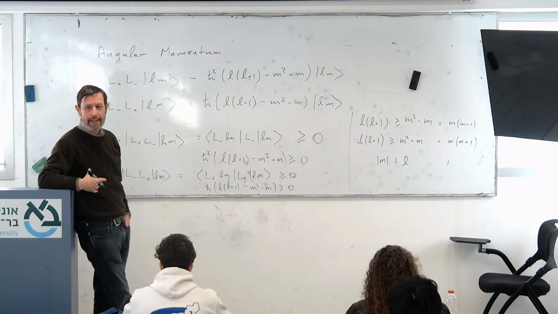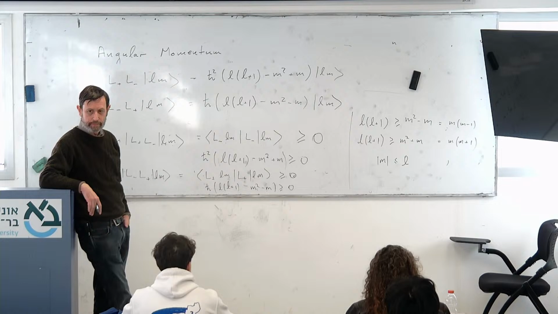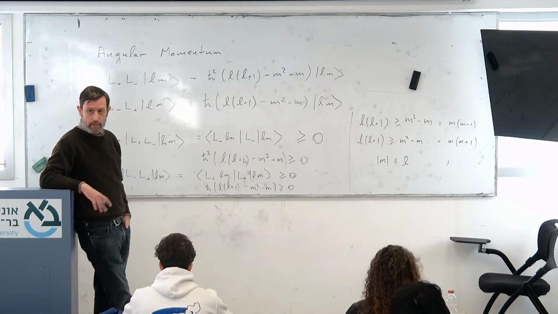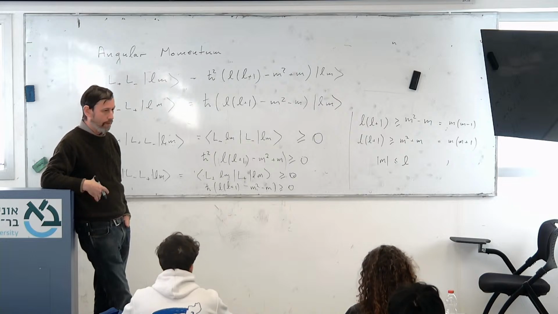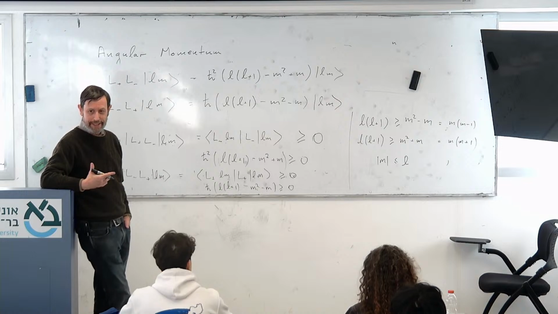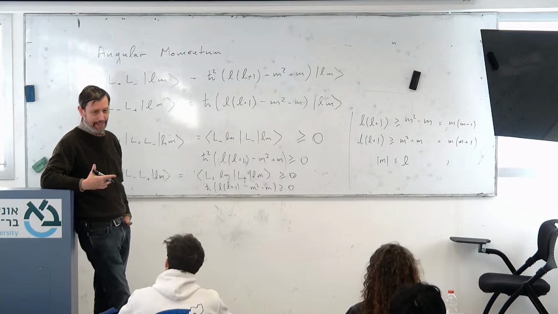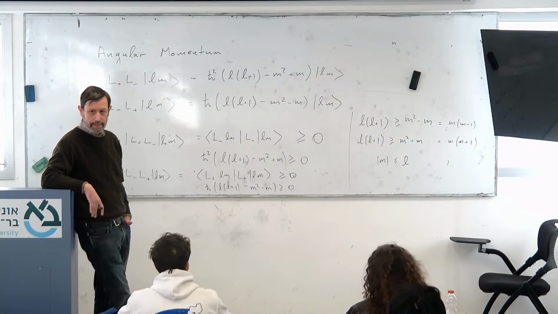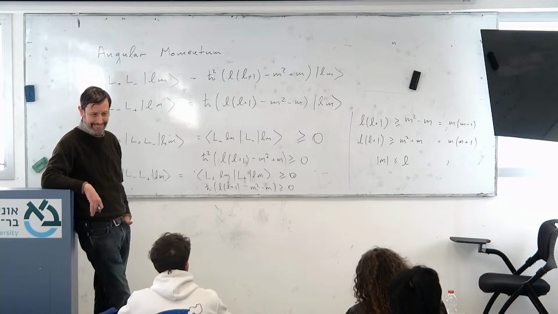You can't choose any m you want, it depends on L. We know that m is integer. We'll do something in the next lecture which will show us that not only m is an integer, L is an integer. I'll tell you in secret, or half integer.